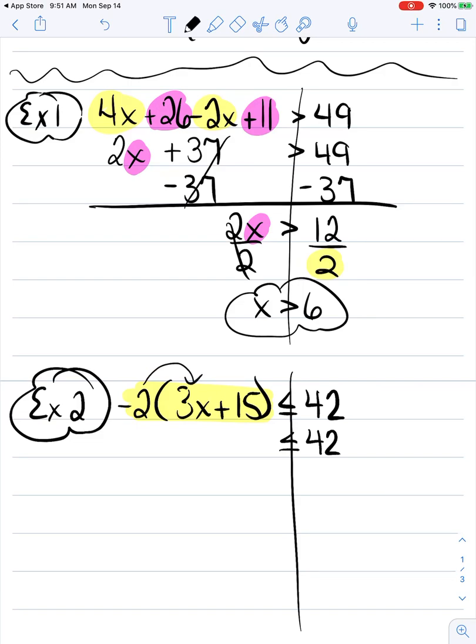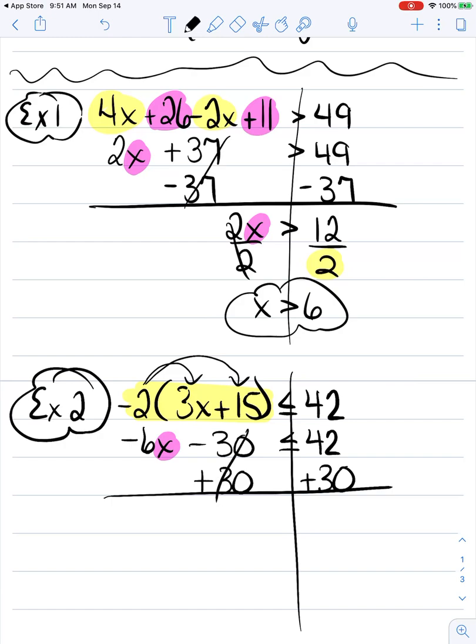Negative 2 times 3x is negative 6x. Negative 2 times 15 is negative 30. Next, I don't see like terms, so I'm going to move on and I'm going to isolate the variable. So that variable is x. First, I add or subtract. So I'm going to add 30 to both sides. And when I do that, I'm left with negative 6x is less than or equal to 72.